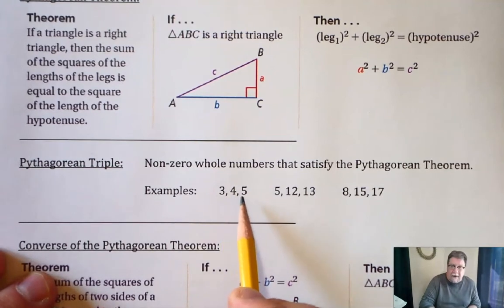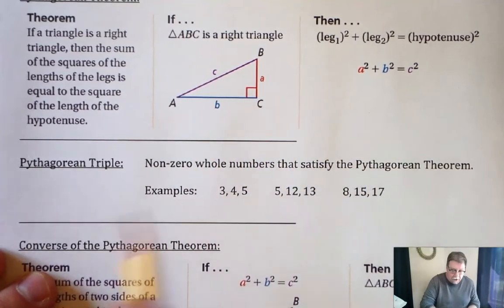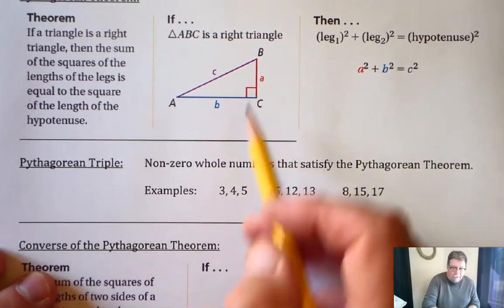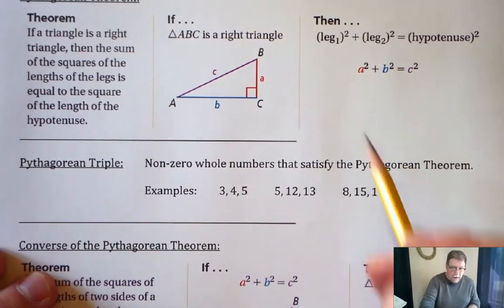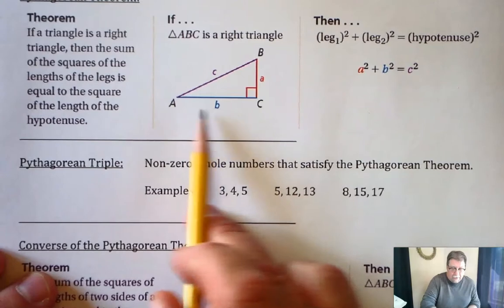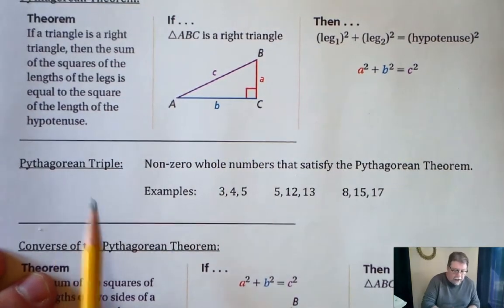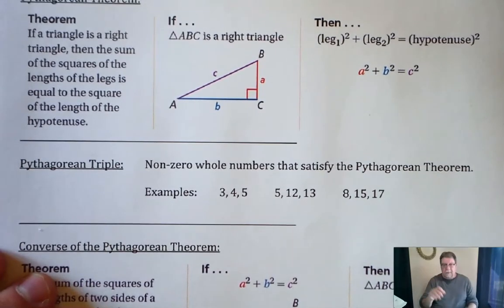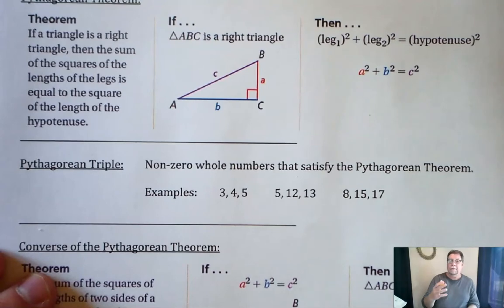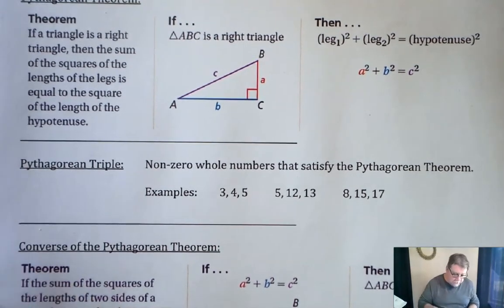So a 3, 4, 5 triangle satisfies the Pythagorean theorem: a could be 3, b could be 4, and c could be 5. 5, 12, 13 is another one, where a could be 5, b could be 12, and c could be 13. That's what they call a Pythagorean triple. It's not a big deal, don't worry too much about it. But if the three sides happen to be whole numbers, then you've got a Pythagorean triple. That's really all it says.